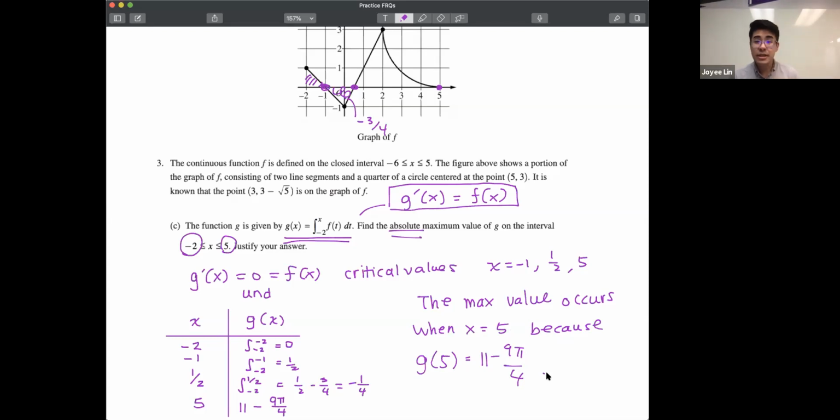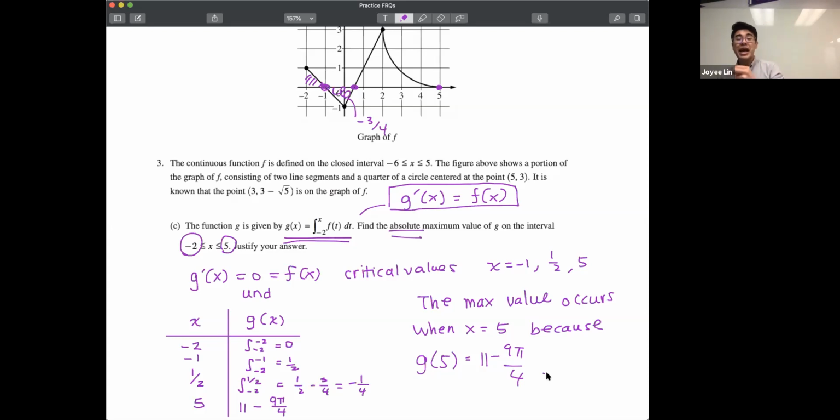I got a question that says, why do you plug in the x values into the integral instead of f of x? So remember here that f of x is the derivative. So you plug in answers into your derivative when you're doing a number line test. And a number line test tells you the increasing, decreasing, increasing. That's useful for relative minimums or relative maximums.